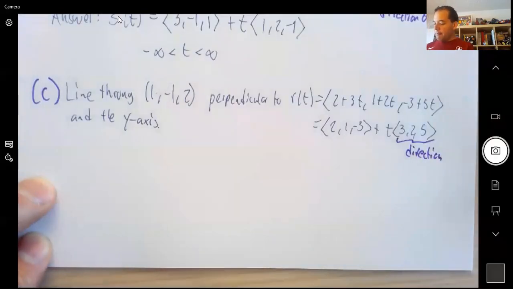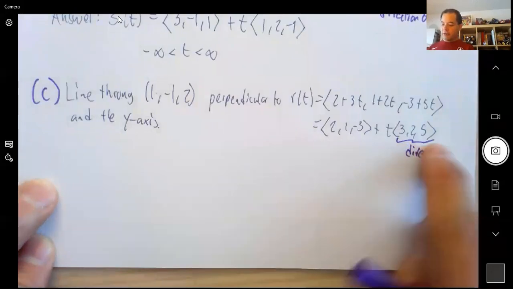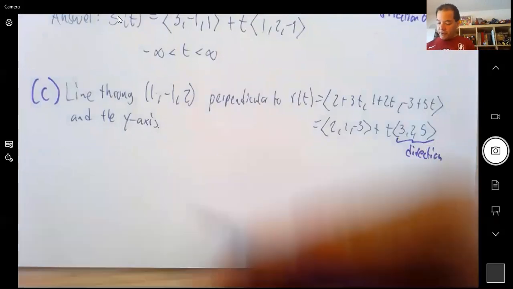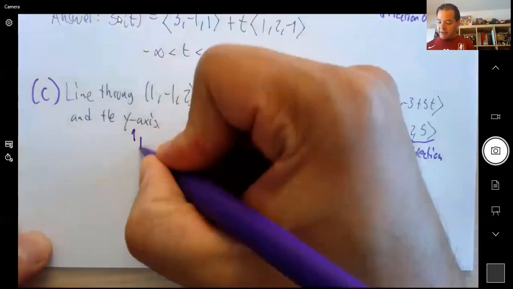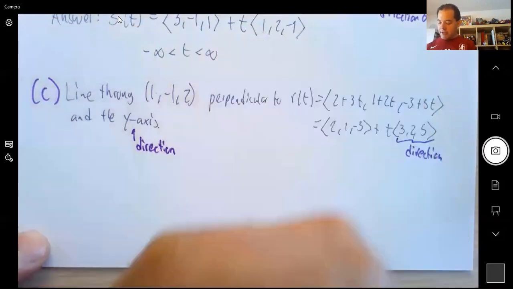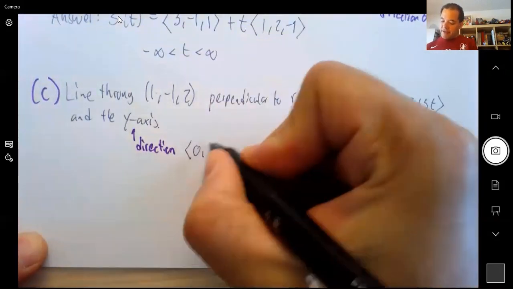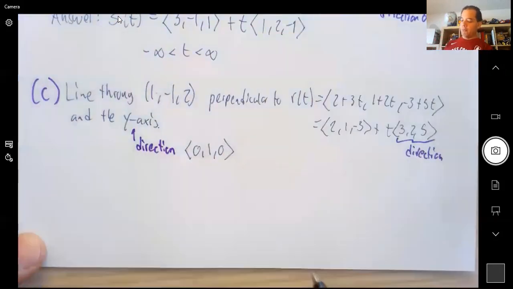So I've got to be perpendicular to (3, 2, 5), and also perpendicular to the y-axis. So what is the direction of the y-axis? Well, there's tons, but the easiest way is to use (0, 1, 0). You could put any number here.